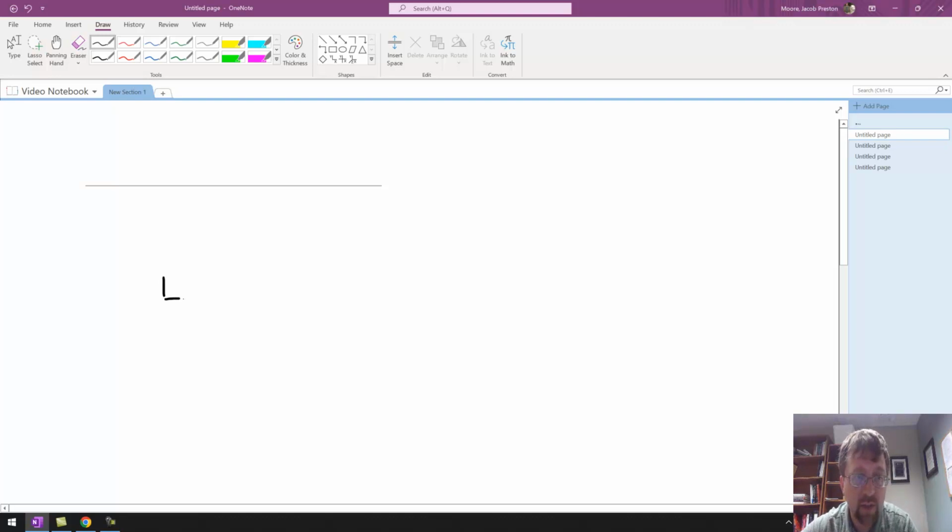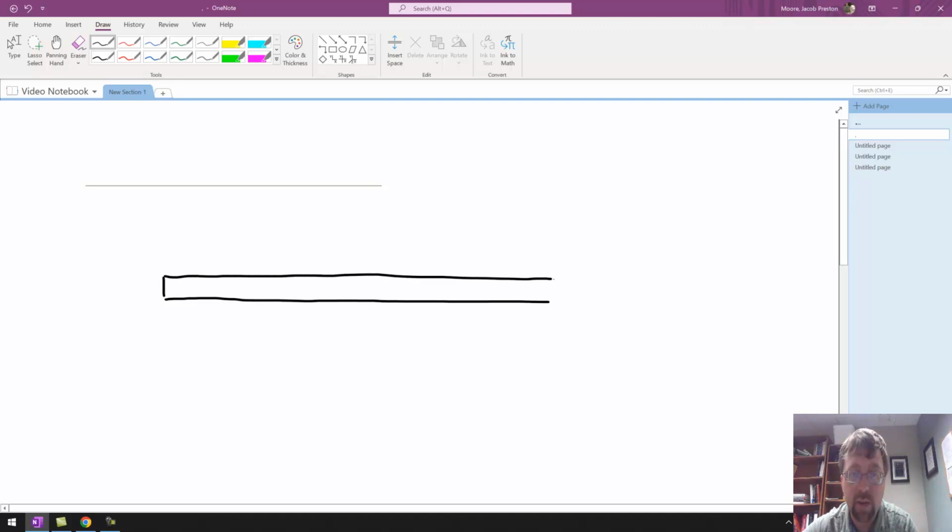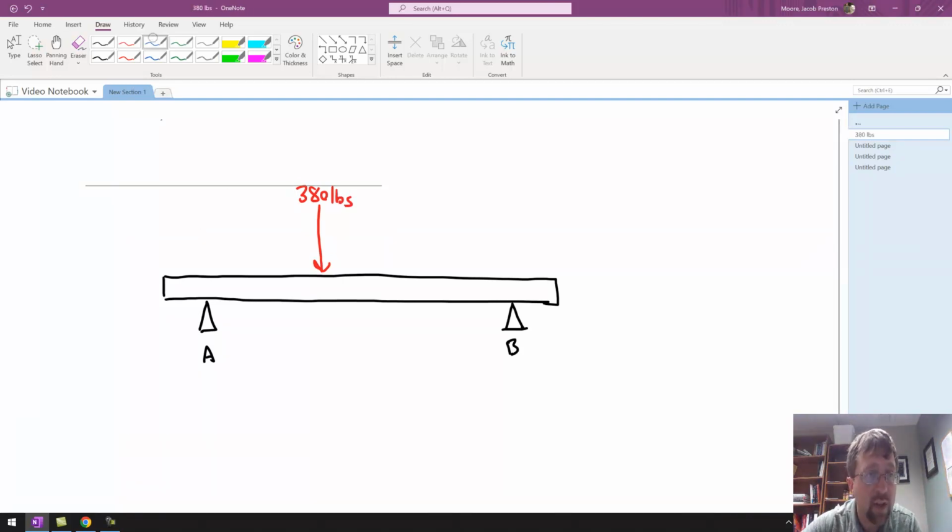All right, so what this means is that if I had a beam and I've got my two supports here at A and here at B, my equivalent point load would be a magnitude of 380 pounds, and it is a distance of 4 feet from the left end of the beam.